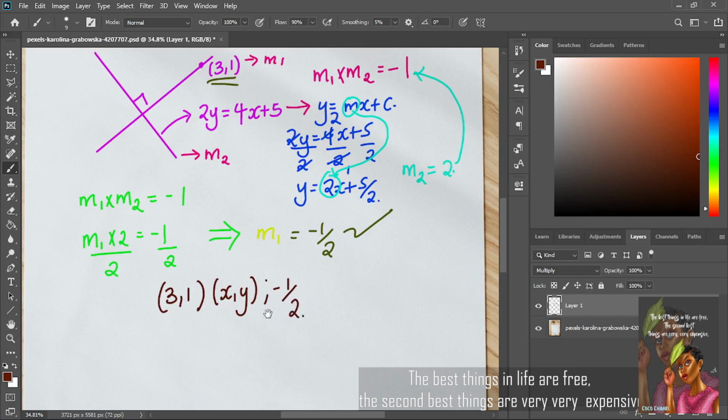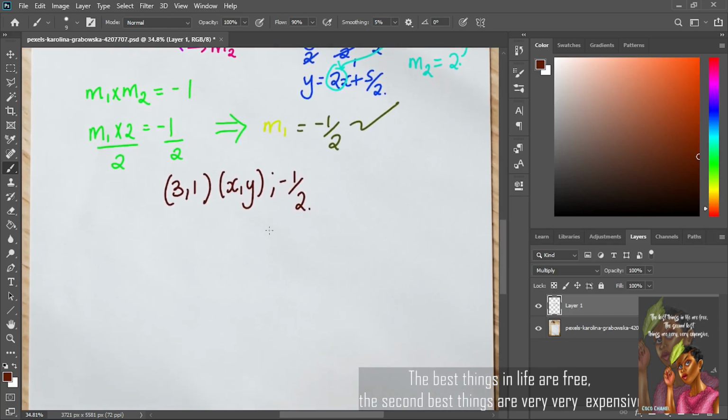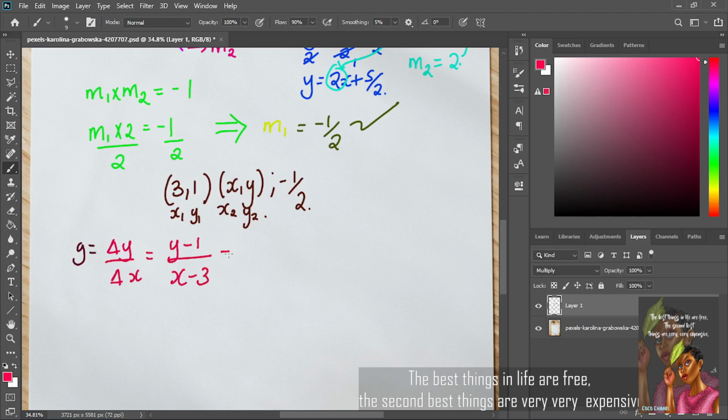Gradient is change in y over change in x, which is (y - 1) over (x - 3), equal to -1 over 2.